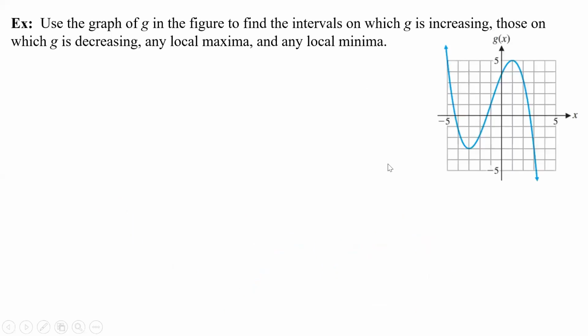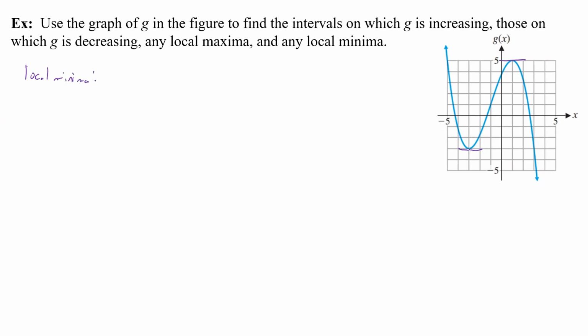Okay. All right, so here we're supposed to use a graph of g in the figure to find the intervals on which g is increasing, those on which g is decreasing, and any local maxima and any local minima that are involved. So what do we know? Well, this is g of x, so let's start thinking about it. There are going to be some places where there are local minima and local maxima. The local minima is going to be where?